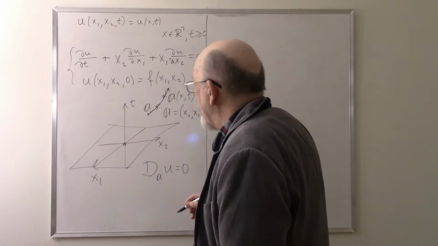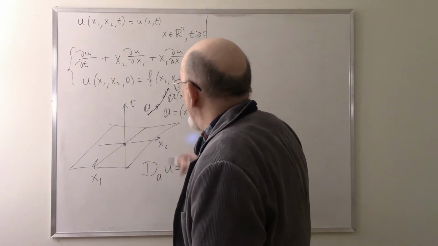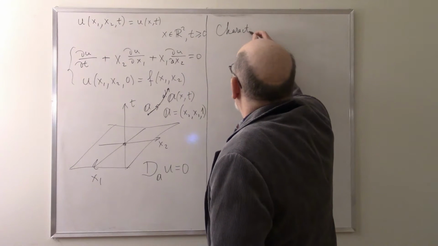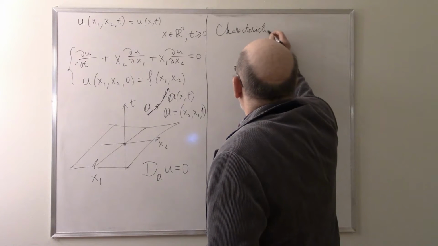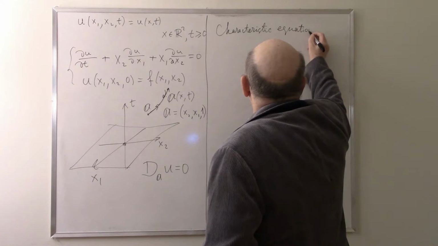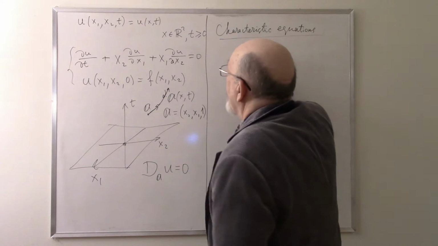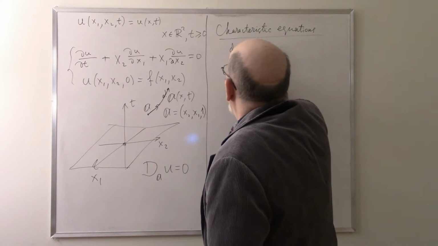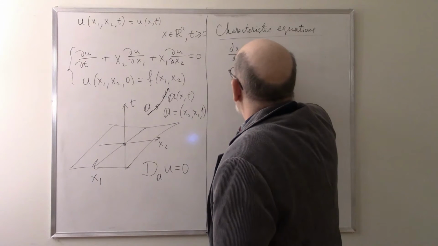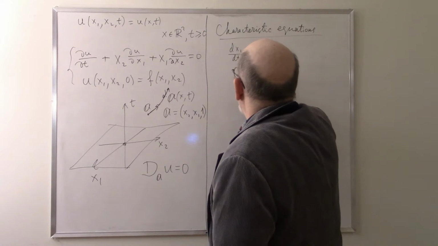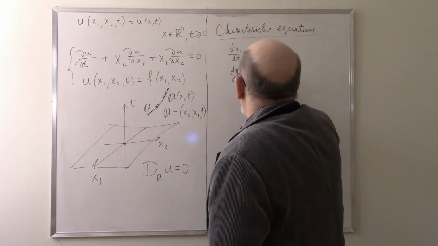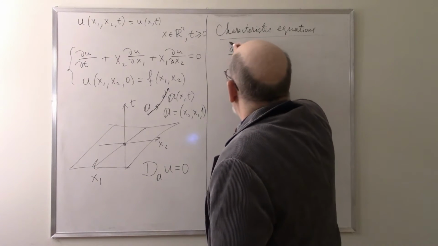So our equations of the characteristic are the following: dx1/dt is the first component, which is x2. dx2/dt equals x1.